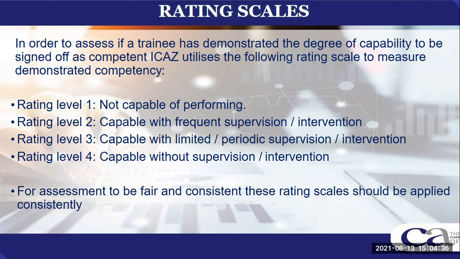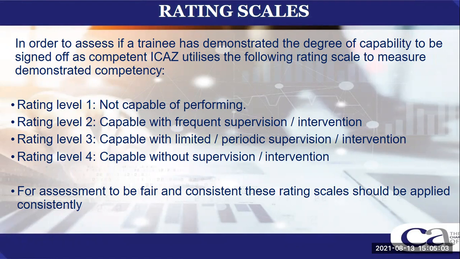Rating level 2 implies that one is capable to perform a certain task with frequent supervision and intervention. So one is generally able to resolve the fundamental aspects of the task without significant assistance, and would generally not be able to start the task if left on their own or without supervision.